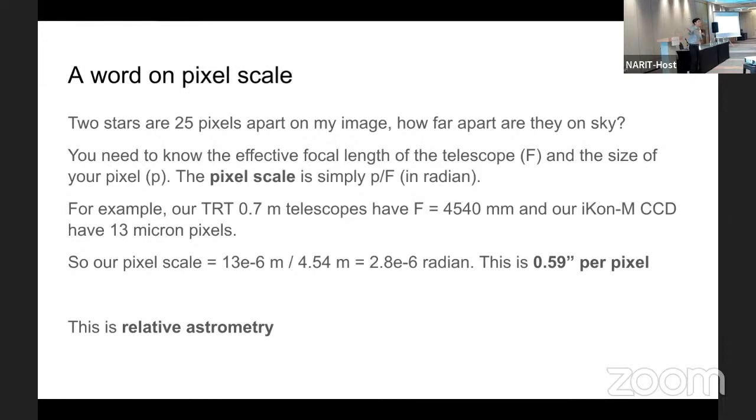In the olden days, before the CCD, the number that astronomers used is called plate scale, and this is essentially the angular size on the sky, usually in arcseconds, per some linear distance on the focal plane.